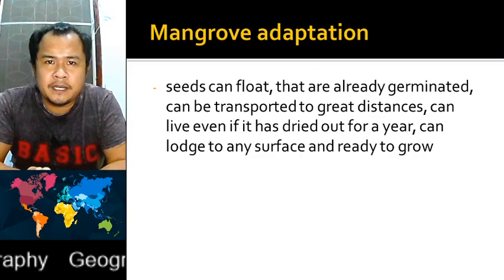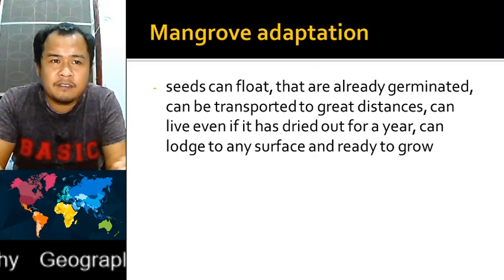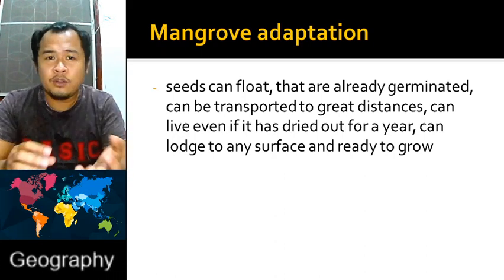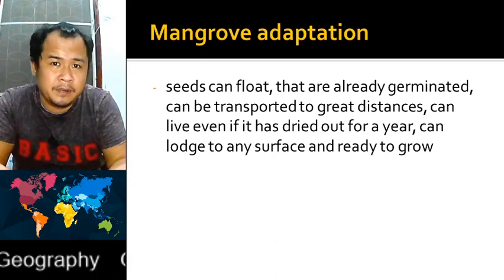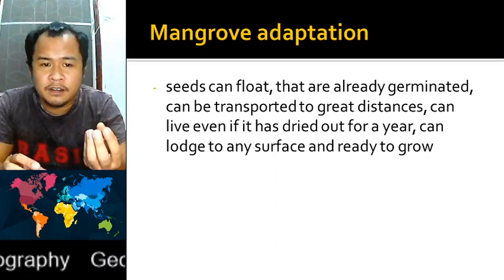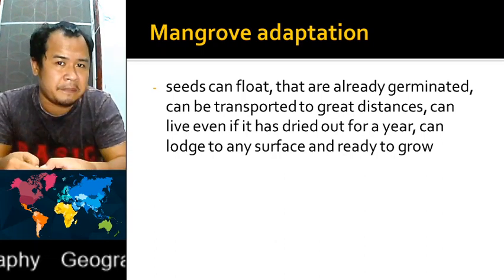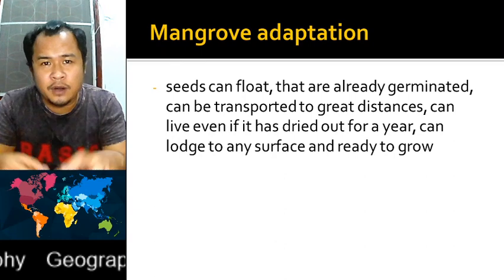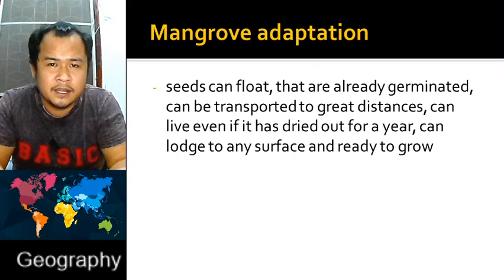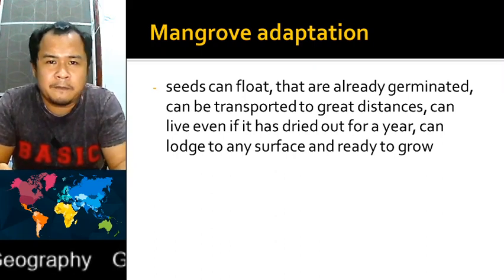And special to these plants is that their seeds, even though they have not been taken out from the plant, are already starting to grow, or germinating. It means that when you take a seed of mangroves from their tree, you will see that it already has roots in it. So when they drop, they actually start to live on their own. They can be carried to many places and then grow from there.